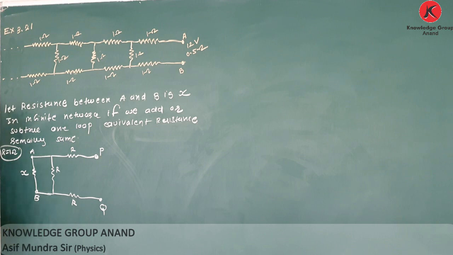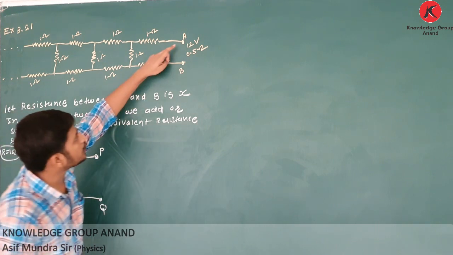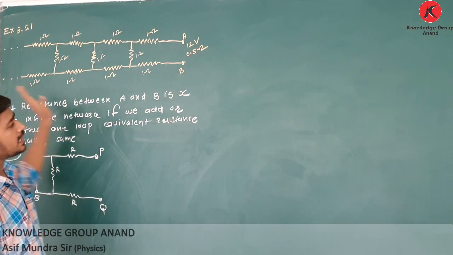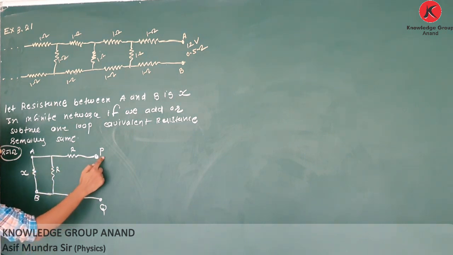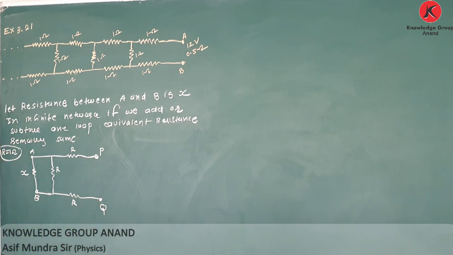Actually we want to find the equivalent resistance between A and B, but for an infinite network, if we add or subtract one loop, the equivalent resistance remains the same. So between this point A and B one extra loop is connected, and now the endpoints are P and Q. So what is the equivalent resistance between points P and Q?